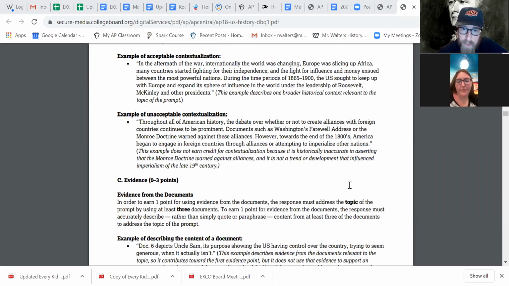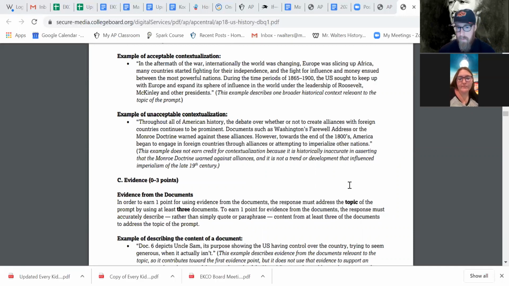Throughout all of American history, the debate over whether or not to create alliances with foreign countries continues to be prominent. Documents such as Washington's Farewell Address or the Monroe Doctrine warned against these alliances. However, towards the end of the 1800s, America began to engage in foreign countries through alliances or attempting to imperialize other nations.